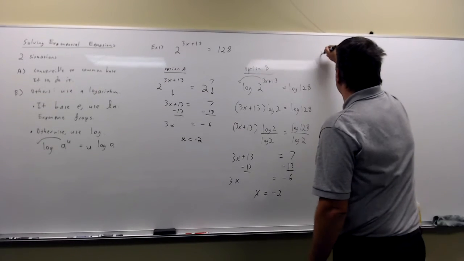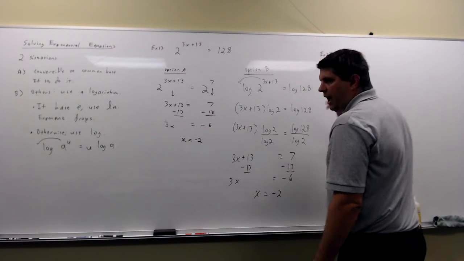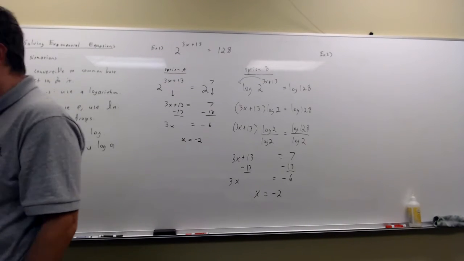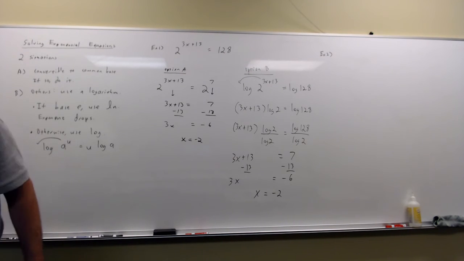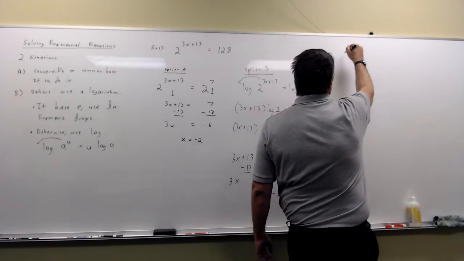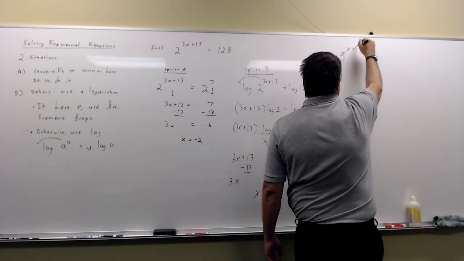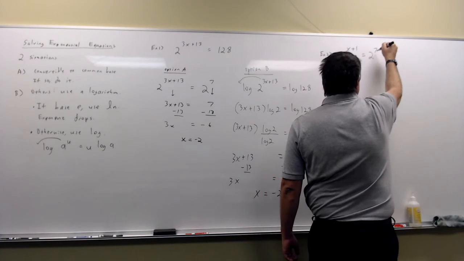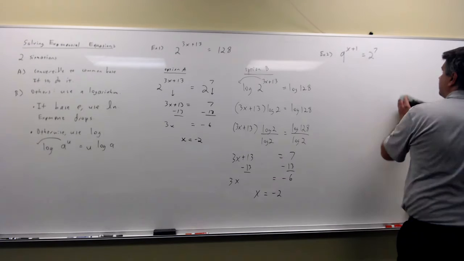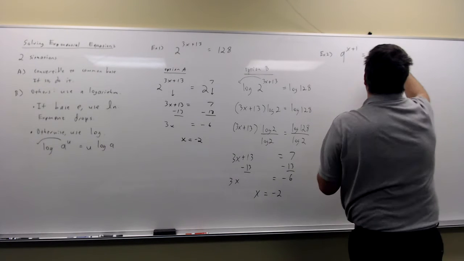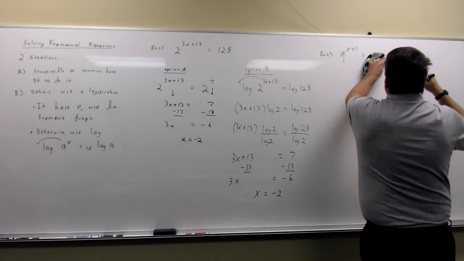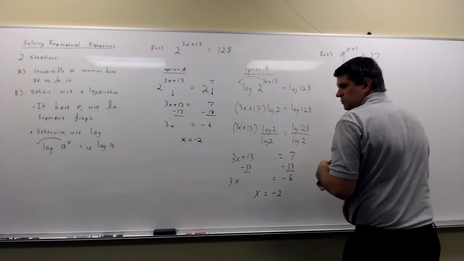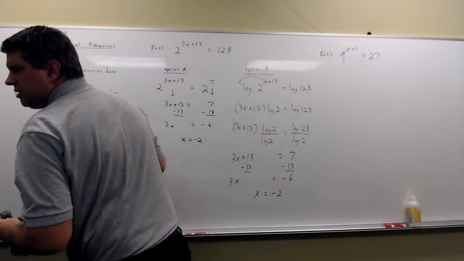Here's example 2. I get my examples off a document off camera, so I'll be back in a moment. 9 to the x plus 1st equals 27 to the x minus 4th.